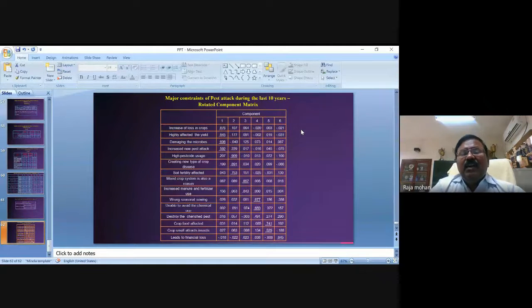Yes, here is the rotated component matrix. We used to say that it is a rotated matrix. And the values, related groups will combine, and when you see that, it will be like steps. So we have related groups, up to this, because the value should be more than 0.5.